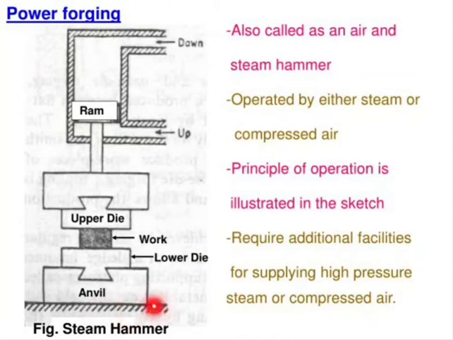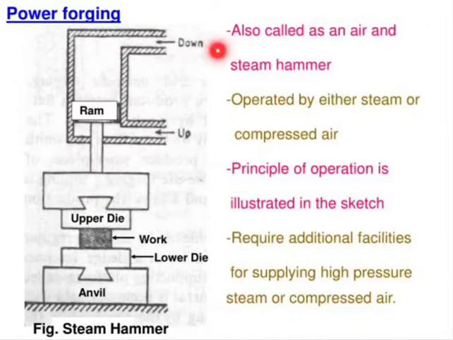If you observe, this is the base anvil placed here. This is the lower die, whatever the shape may be. This is the upper die. There is a ram which moves in the vertical direction with some force applied by the fluid, in both directions, for lifting as well as for dropping it through gravity from top to bottom.